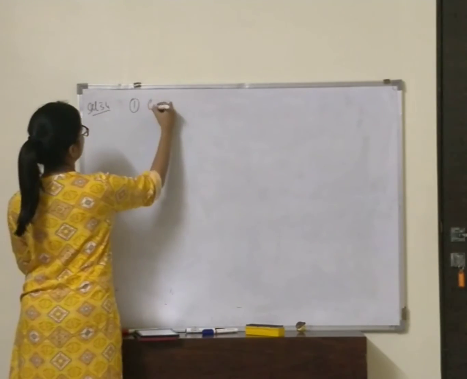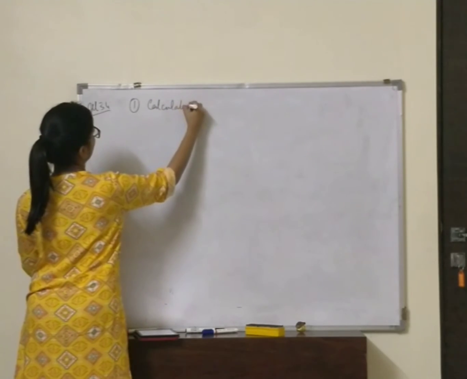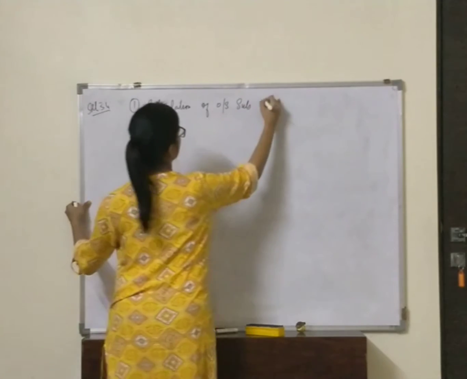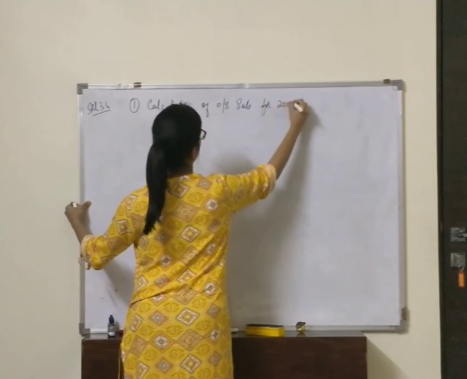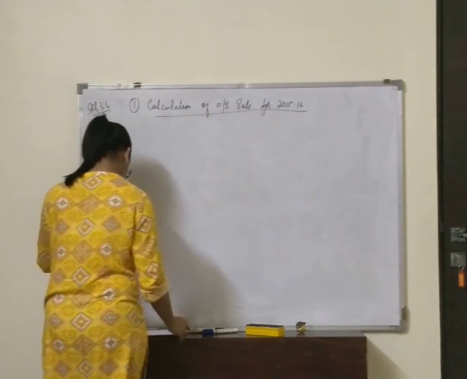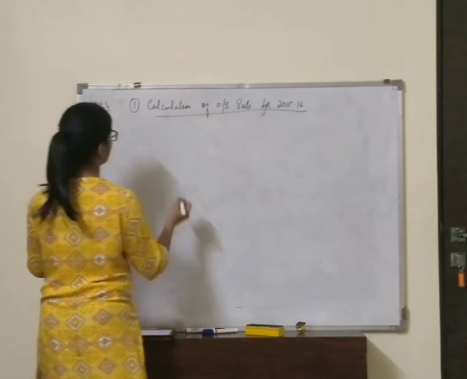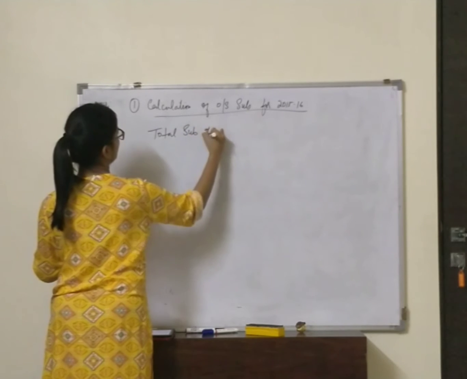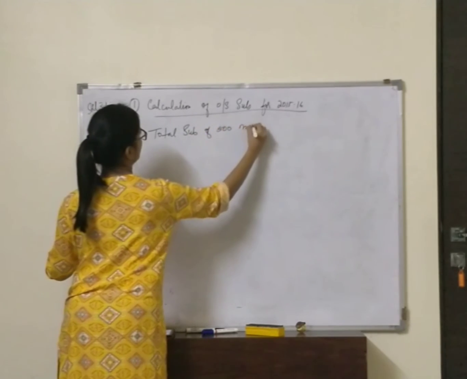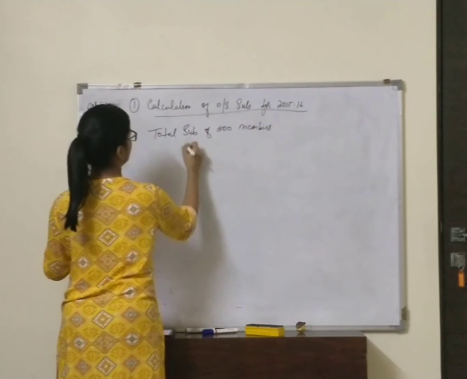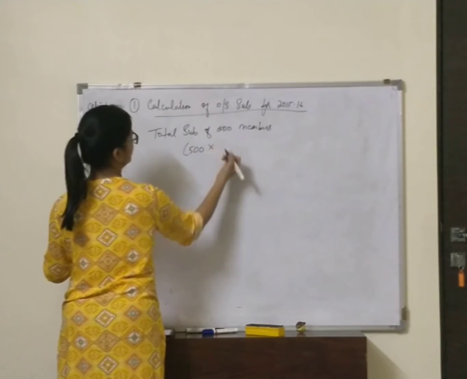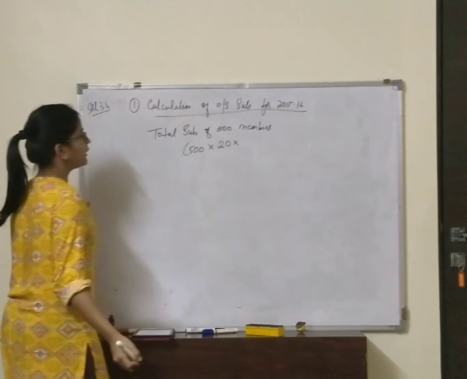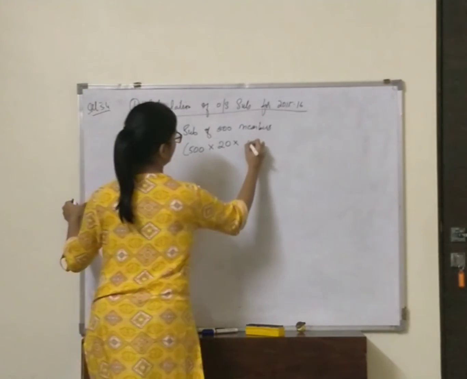First one, calculation of outstanding subscription for 2015-16. So first thing we have is total subscription of 500 members. In bracket 500. How much did we receive per member? 20 rupees. And how many months do we have? 12 months.